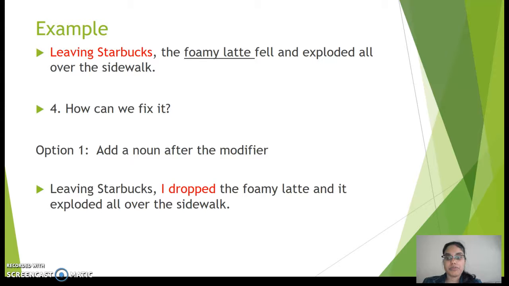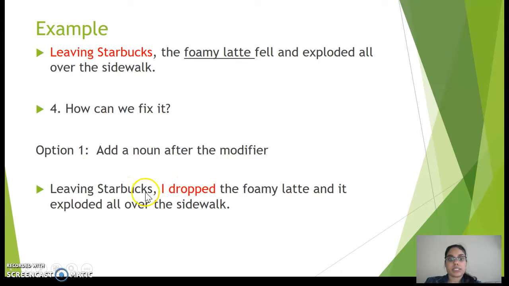Okay, so how can we fix this? There are a couple of ways. The first option that you have is to add the noun that is missing from the sentence, and you can add it after the modifier. So for this example, after leaving Starbucks, which is our modifier, we added, "I dropped the foamy latte and it exploded all over the sidewalk." So I dropped.